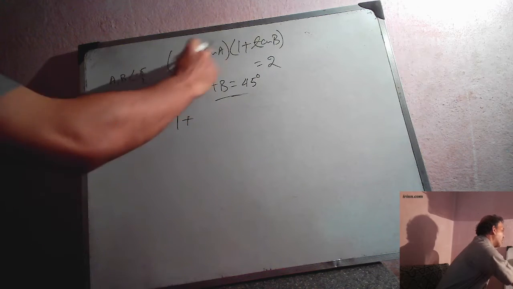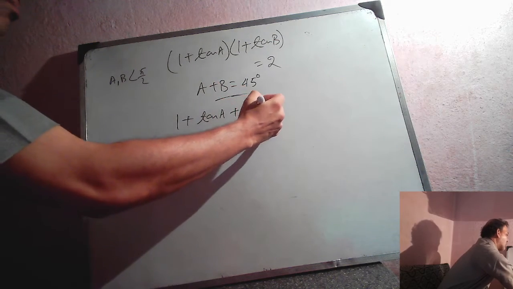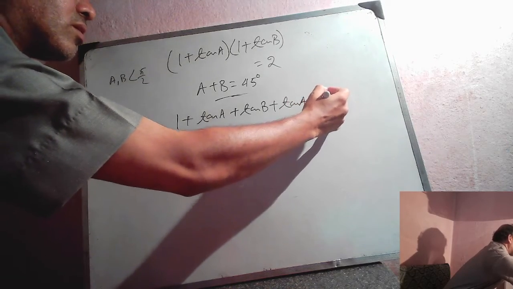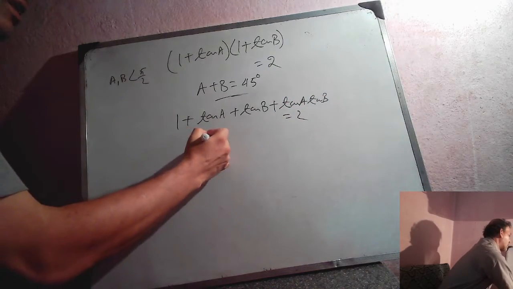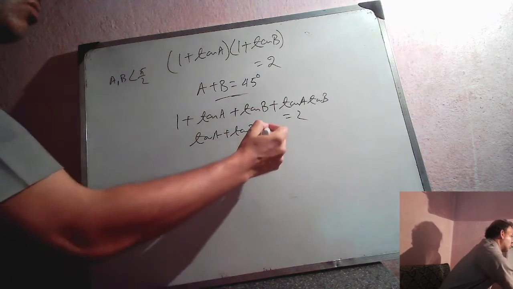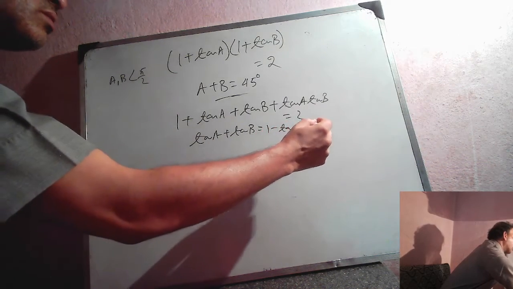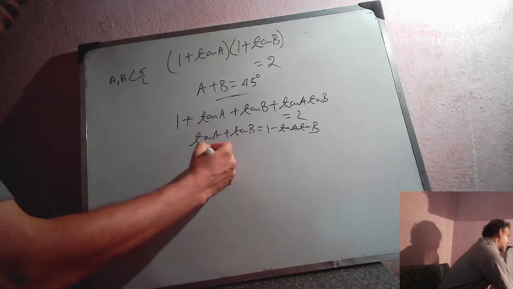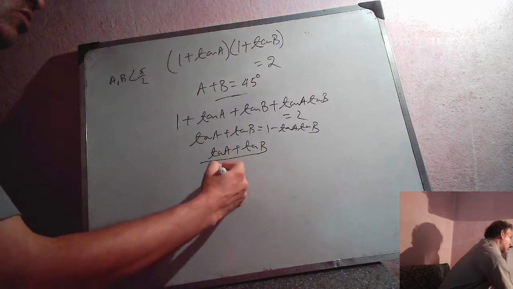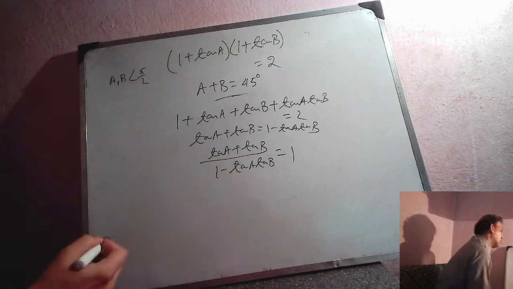If we open the bracket, we get 1 + tan A + tan B + tan A tan B = 2, or tan A + tan B = 2 - 1 - tan A tan B, or (tan A + tan B) / (1 - tan A tan B) = 1.